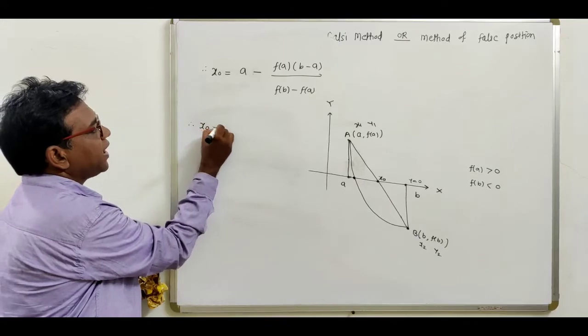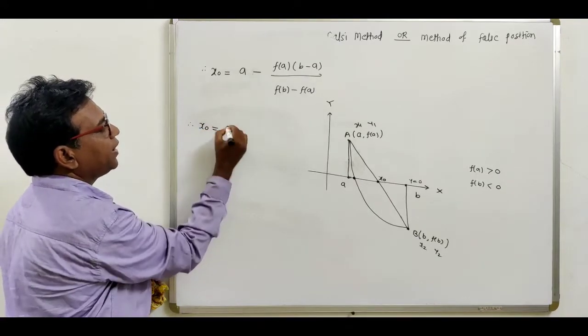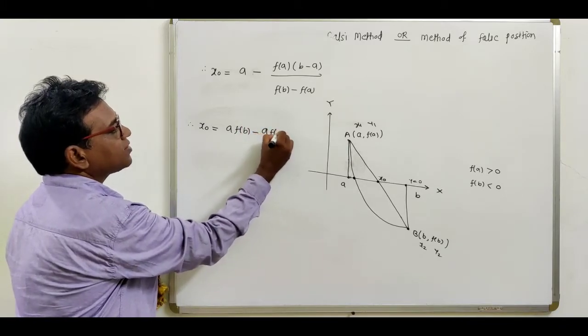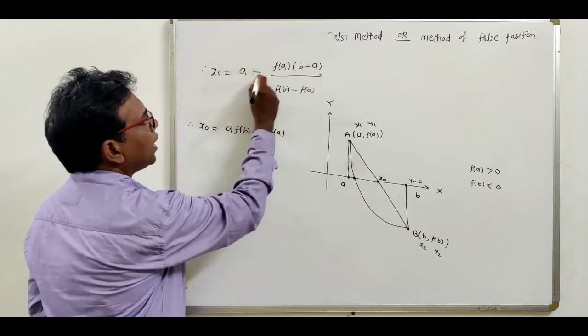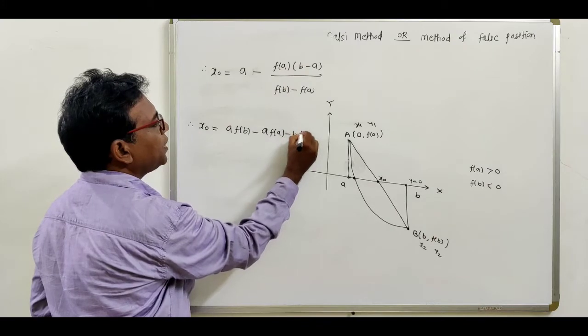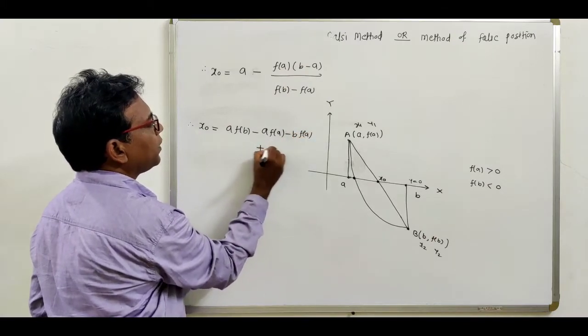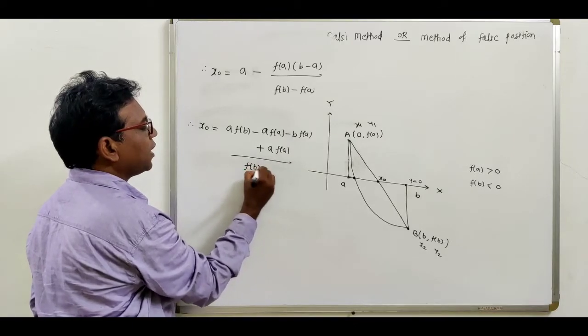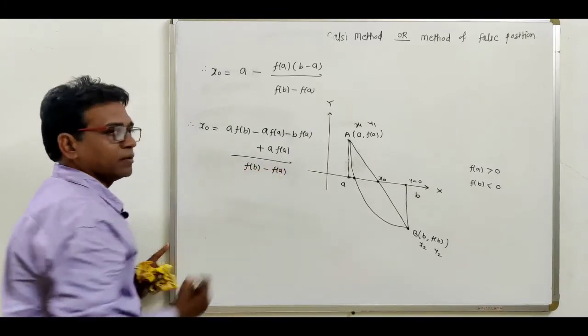So solve this equation for x0, just multiply by a. So this is a into fb minus a into fa, and this is minus b into fa plus a into fa, divided by fb minus fa.